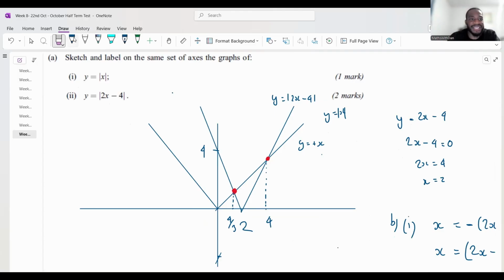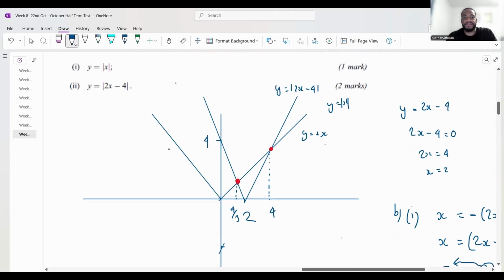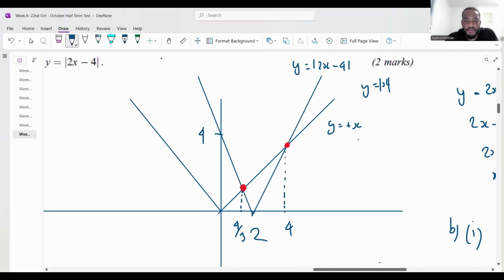Now, when is this V above that V? If you think about it, the pivot for the modulus of 2x minus 4 is down here. You can see quite clearly that if I put a man there, that man is standing on top of y equals the modulus of x. And in that same region, the modulus of 2x minus 4 is underneath.